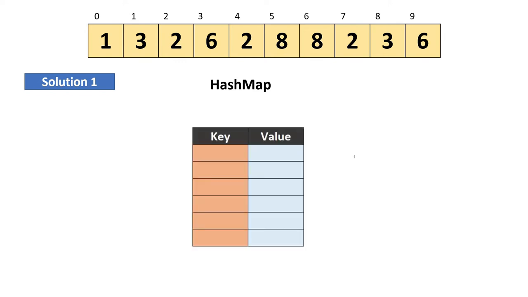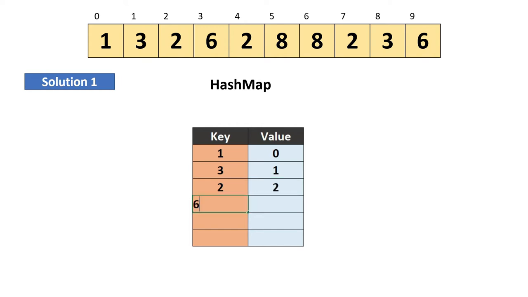What we can do here is iterate over the array and take one value at a time. The first value is 1, which we put as a key, and its value will be its index position, that is 0. Then the second value is 3 and the index position is 1. Then the third one is 2, index position 2.